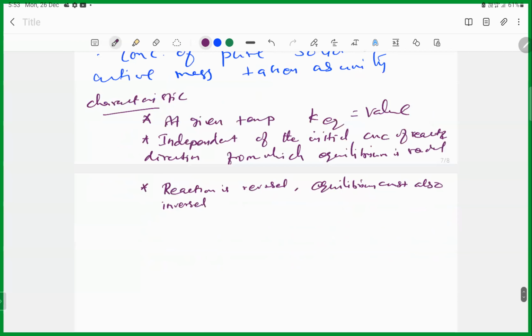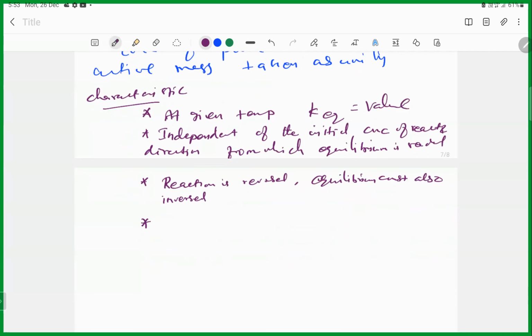And then if the chemical equation is divided by 2, then the equilibrium constant for the new reaction is the square root. Now A gives B, with equilibrium constant K1.